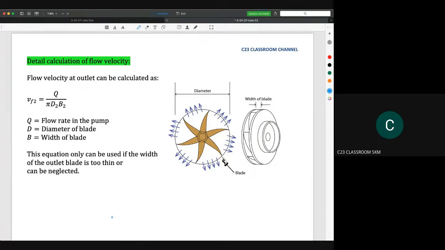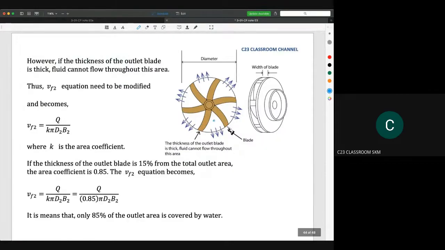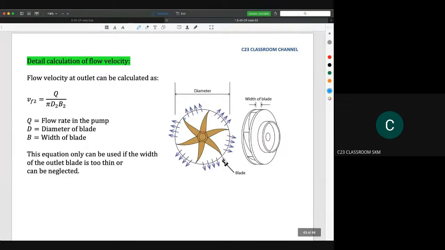Now if we see these two pictures, you will find that in the first picture the shape of the blade here is very sharp. So it will create a very thin blade thickness at the outlet here.